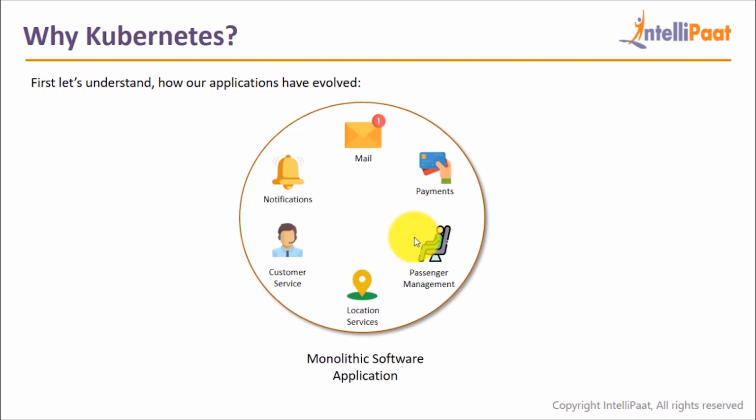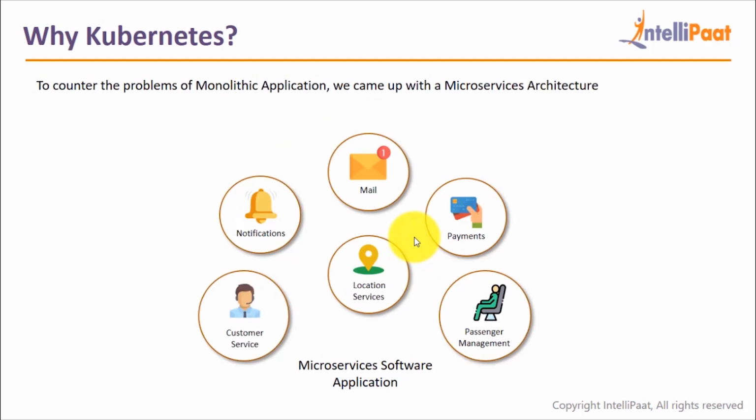Now, what are microservices? In microservices, we decided that all the features should have different code bases and should be deployed separately. My customer service is deployed separately, in a separate code base. My notifications are deployed separately, in a separate code base, and all of them interact using JSONs.